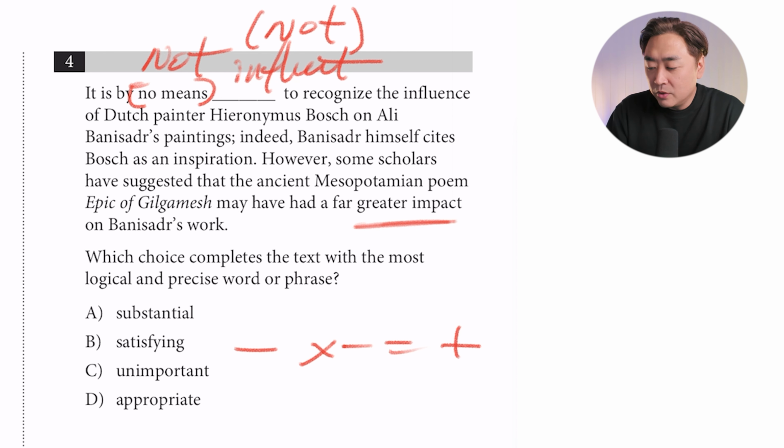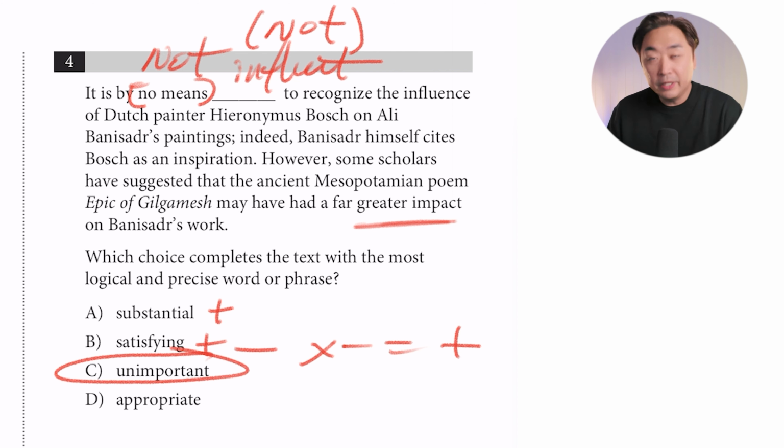So if I look at the answer choices, substantial is positive, satisfying is positive, unimportant is negative, right? And appropriate is positive. And this approach and this type of hack is called connotative approach. And you can do this with vocab too. It helps a lot. If you're lost and you can't come up with that word that you're looking for, you can always use positives and negatives and even neutrals to find your answer.